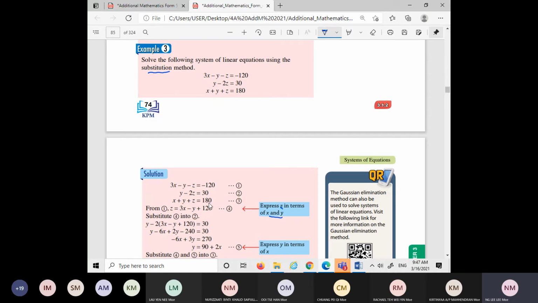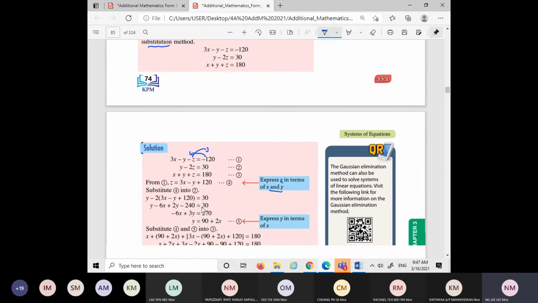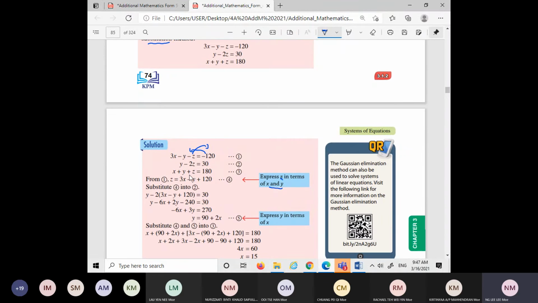But here they choose to use z from the first equation. So negative z, you bring to this side, then the negative 120 goes to this side. Therefore you get 3x minus y plus 120 is z.